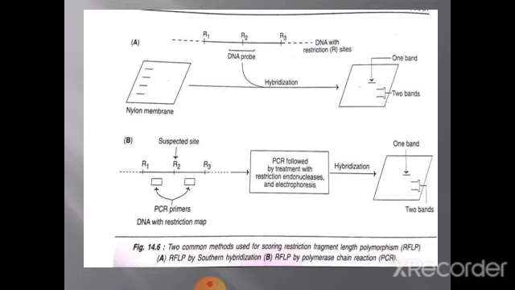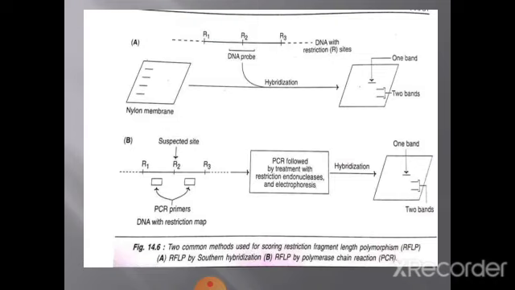Then the cut DNA fragments have been transferred to nylon membrane, and the DNA probe for the suspected R2 site is added, and it will hybridize with the bands here. So if the restriction site is present, you will get two bands as you see here below. If the restriction site is absent, you will get only one band. This is how you will analyze RFLP through the Southern hybridization technique, okay.